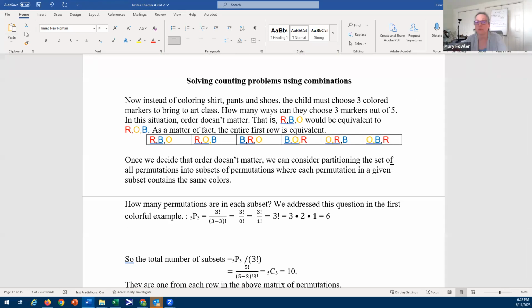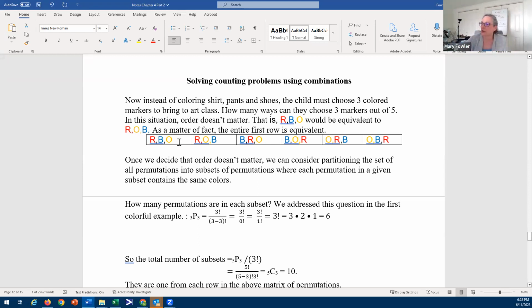And in this situation, order doesn't matter. That is, red, blue, orange would be equivalent to red, orange, blue, because he's going to choose 3 markers and hold them together and bring them to class. And the fact that red is second or blue is third doesn't matter. They're still the same group of markers.